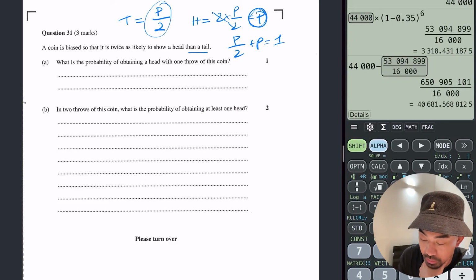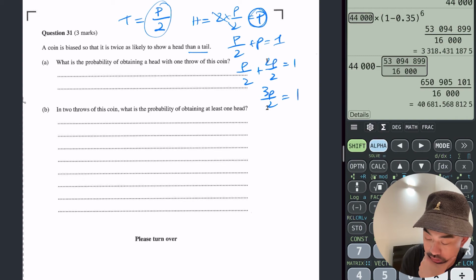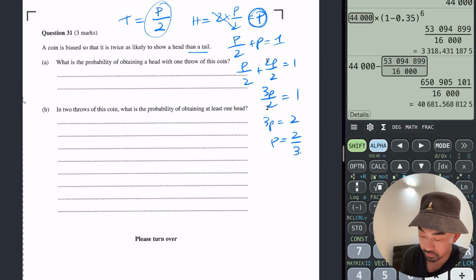So when I add these up, I make it one denominator, so 2 and 2. This will stay p, this will be 2p, is equal to 1. So 3p over 2 is equal to 1. 3p is equal to 2, so probability is 2 over 3. So probability of heads is 2 over 3.